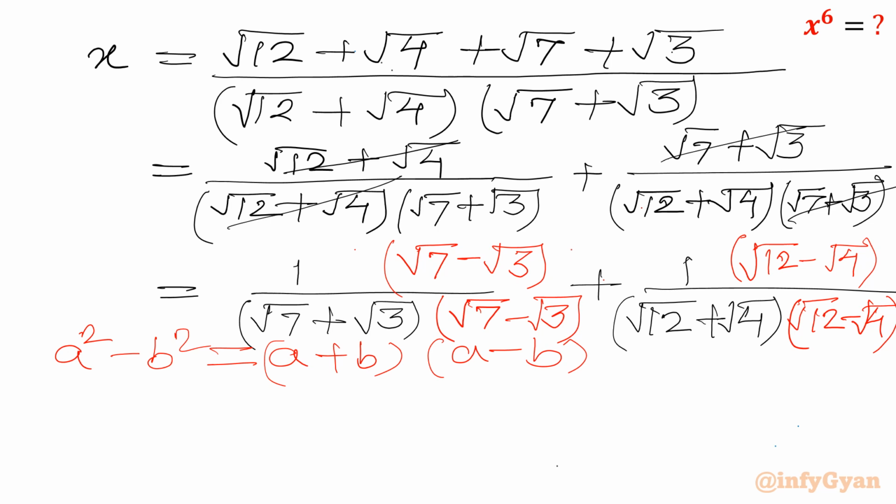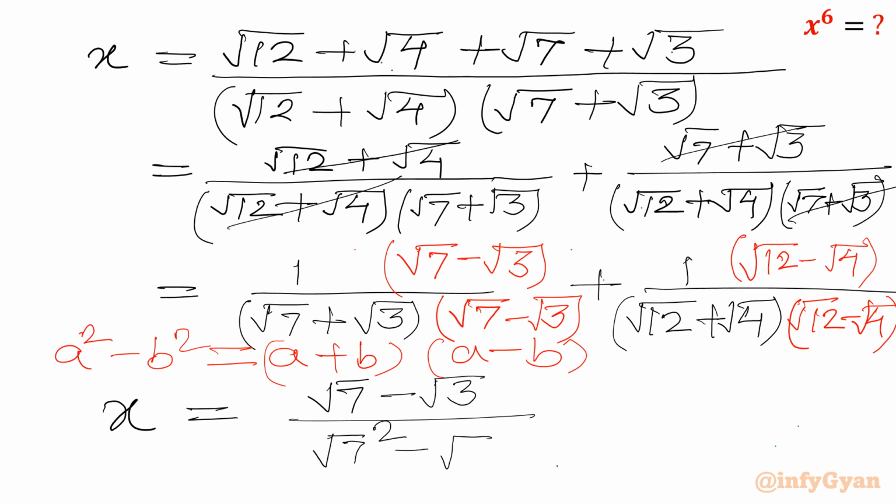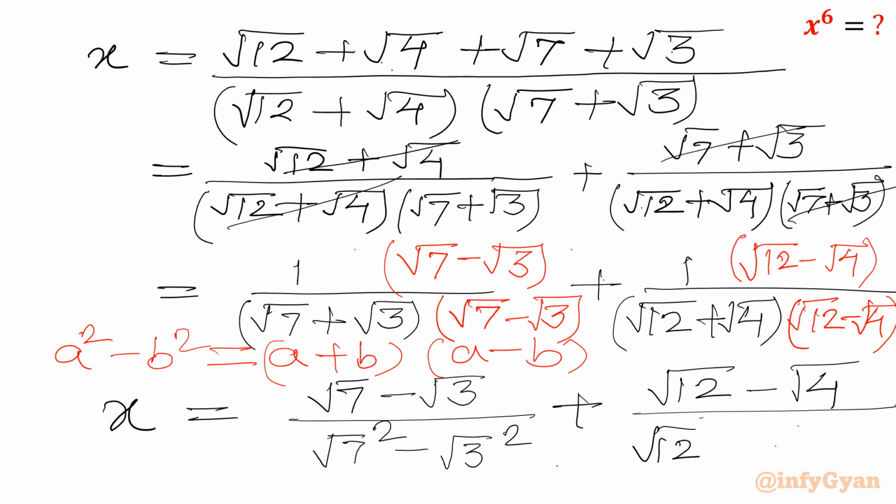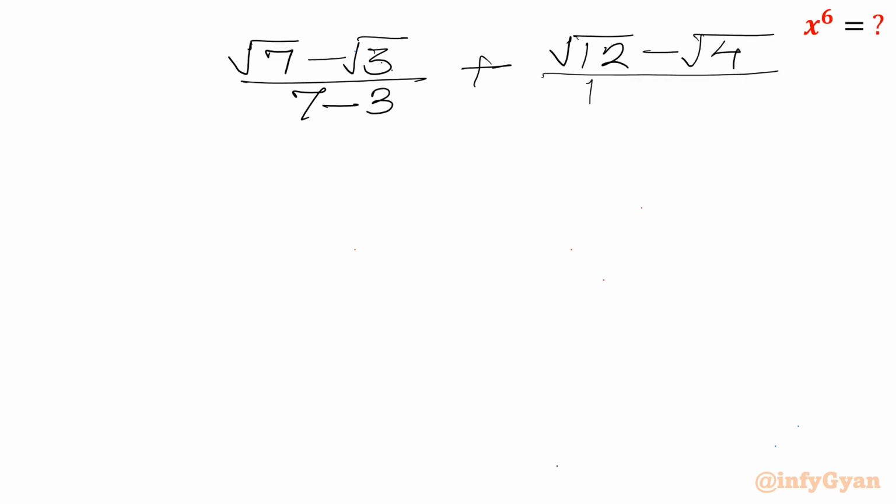So I will be writing x equal to root 7 minus root 3 over 7 minus 3 plus square root 12 minus square root 4 over 12 minus 4. This is our x.